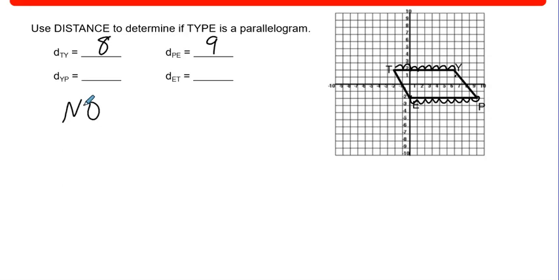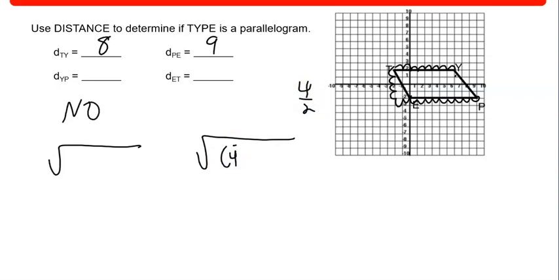Now, let's do the distance on the other two just for practice. So on YP and ET. Now remember, we're going to cheat. Instead of having to actually do the formula, let's just do the slope. So T to E is 1, 2, 3, 4, 1, 2. So TE is 4 over 2, right? So we just put those numbers in parentheses. And then Y to P. 1, 2, 3, 4, 1, 2, 3.